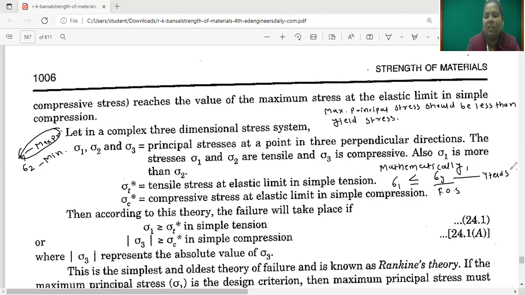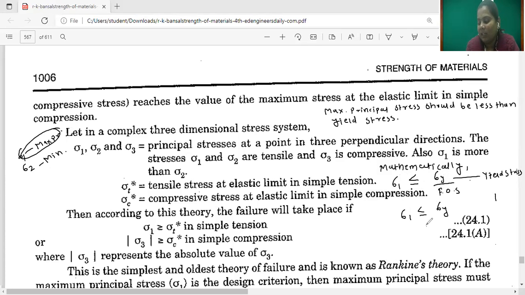So this maximum principal stress theory states that maximum principal stress should be less than or equal to yield stress, and here this factor of safety is taken. Suppose factor of safety is 1. At that time, sigma 1 should be less than or equal to sigma y. Okay. So this is for maximum principal stress.